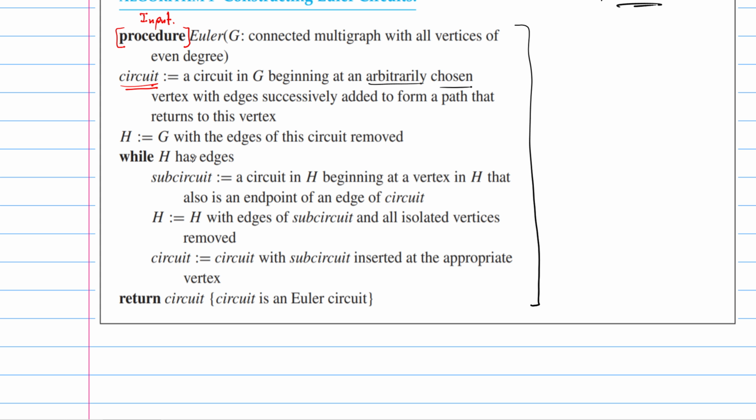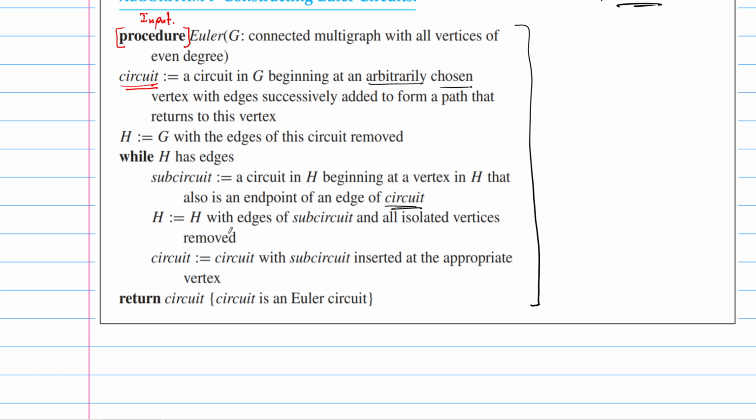So while H has any edges at all, then you find a subcircuit. The subcircuit is a circuit in H beginning at a vertex in H that also has an endpoint of an edge of the circuit. So this vertex has to share an edge with the original circuit.